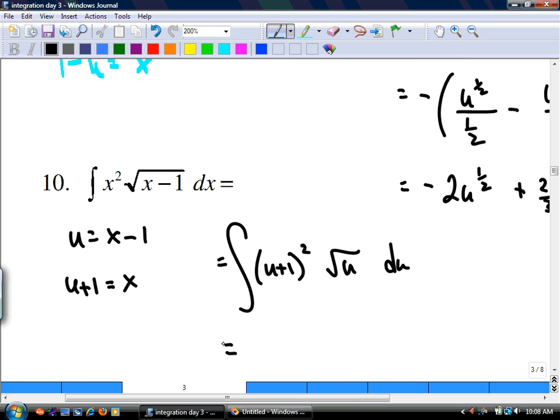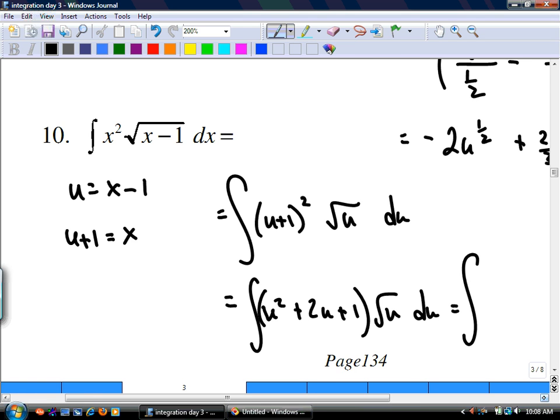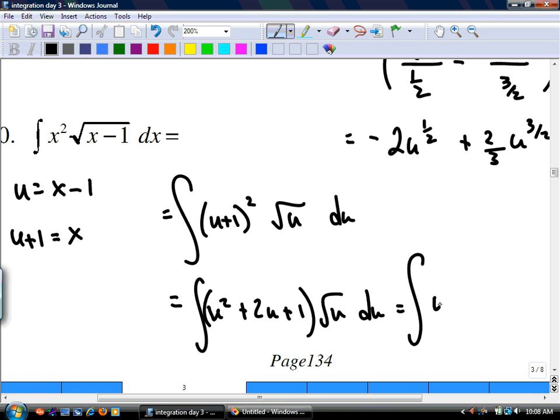This isn't something that I would have thought about until I went, well, I got to deal with the root somehow. Two wholes plus a half is 5/2.